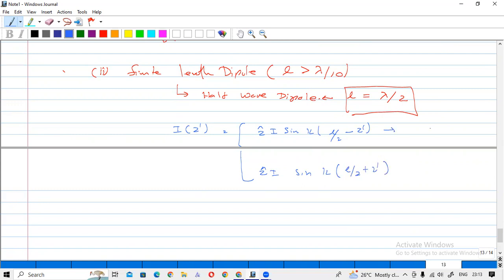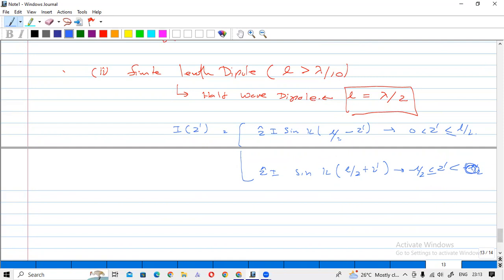The first is for Z dash between 0 and L by 2 on the plus side, and the other is for the minus side, between minus L by 2 and 0. So maybe this integration may be difficult, but try to do it by yourself. Maybe you can do it.